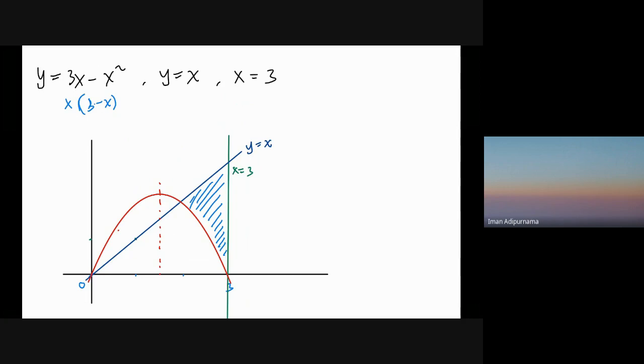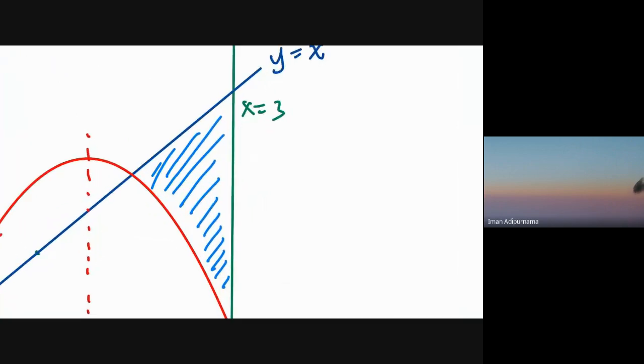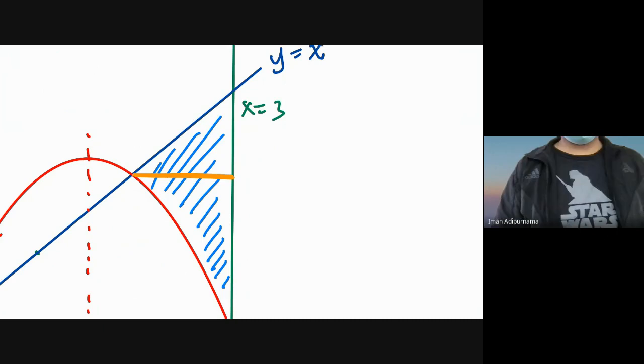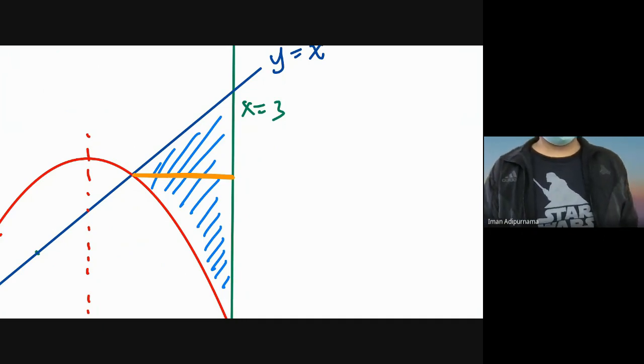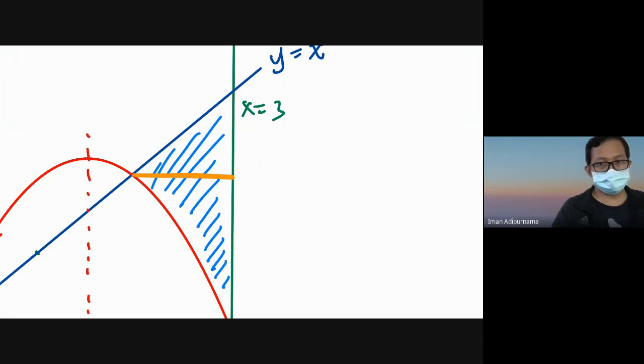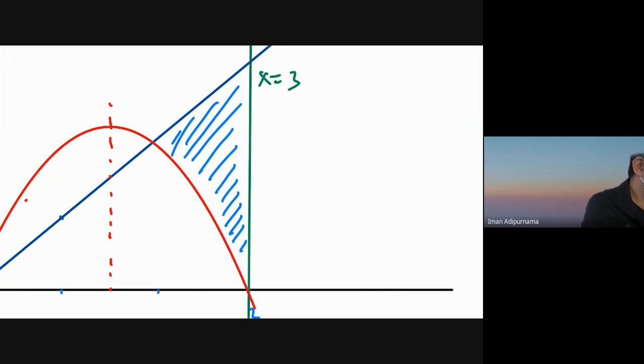Okay, if we want to break down this area, this will be this part. Okay. If you want to have dy, or if you want to have just, I think we can just have dx.